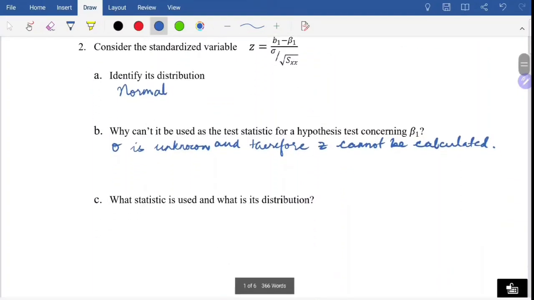So what statistic is used and what is its distribution? We have to use our sample standard deviation, and the distribution that we will use is the t distribution.